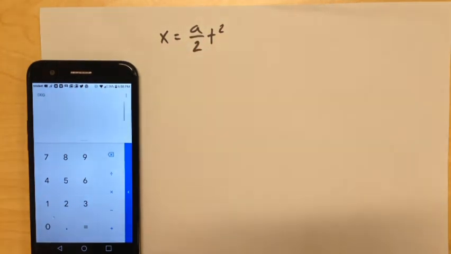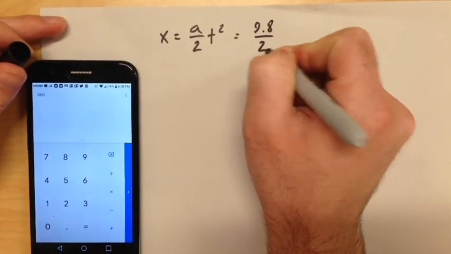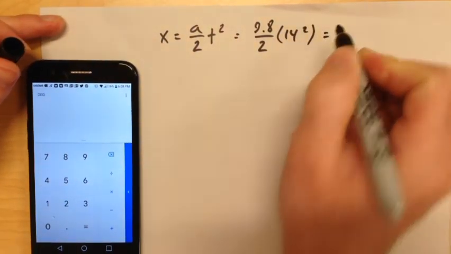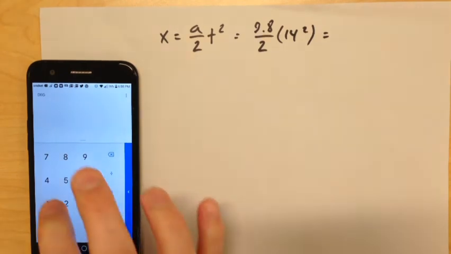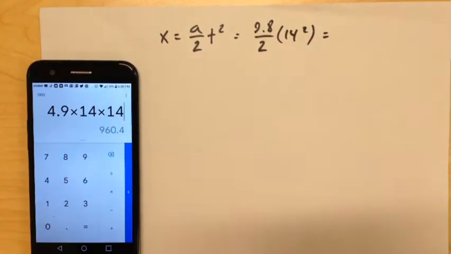So a over 2 is going to be 4.9, because that's 9.8 over 2. And the time is 14. So if I do 4.9 times 14 twice, I'm going to get 960.4.